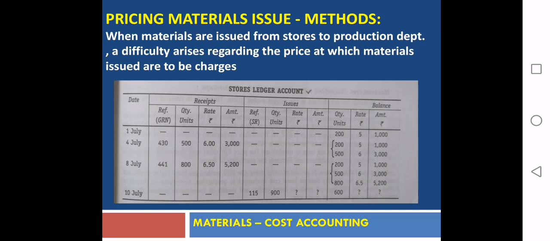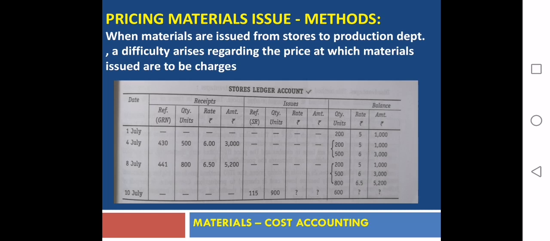On July 1st, there is an opening balance of 200 units at the rate of 5 rupees. On 4th, reference number 430, 500 units are purchased. Receipts mean purchase of material, at the rate of 6 rupees, worth 3000.